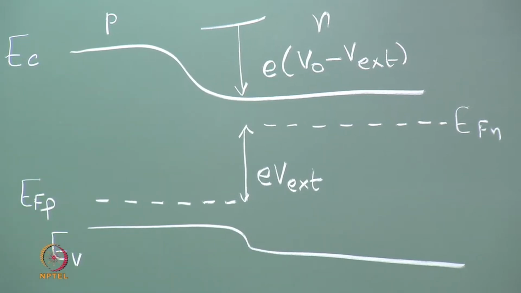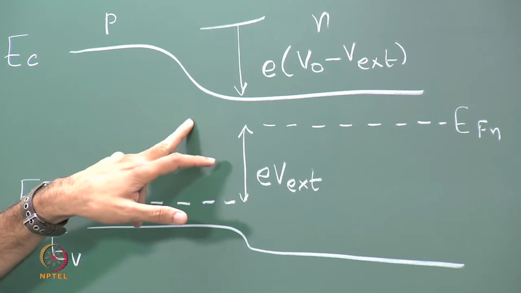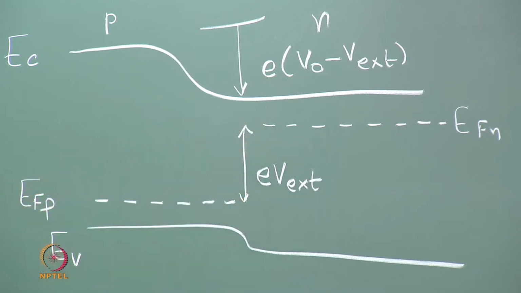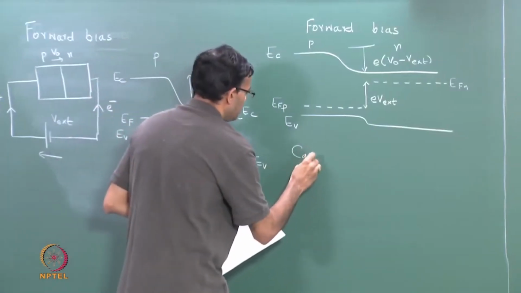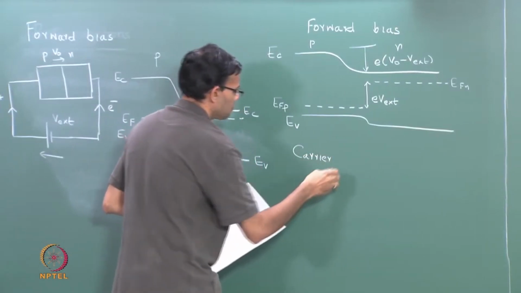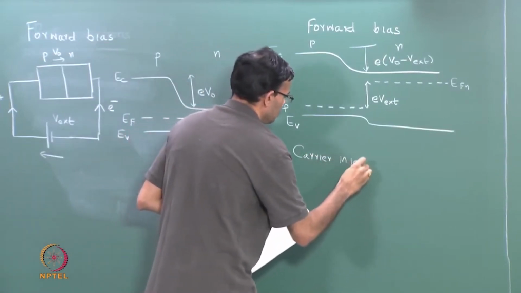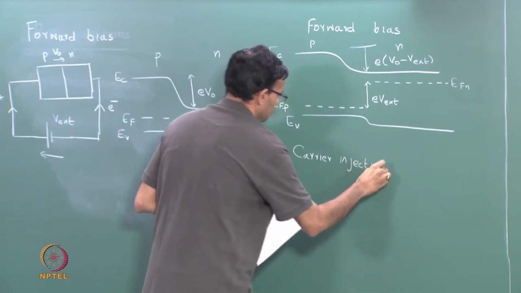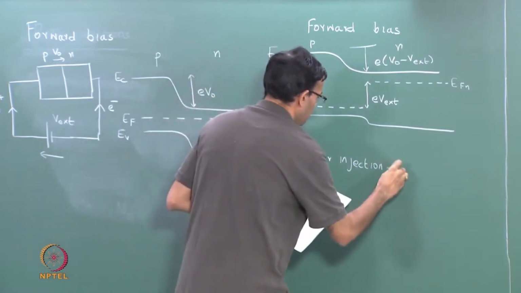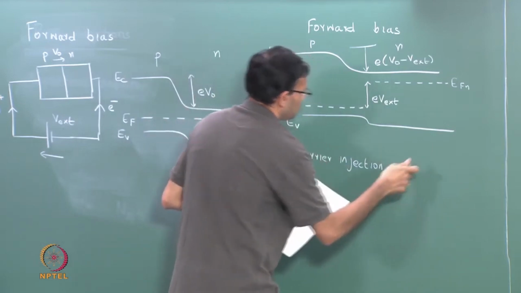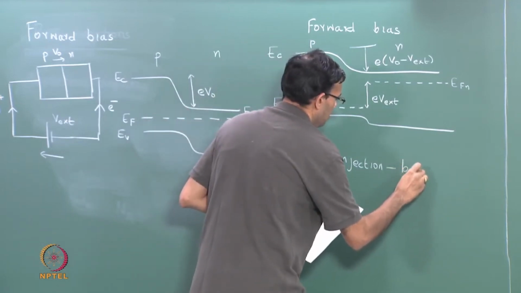So because your barrier is reduced, you now have an injection of carriers. So you have electrons injecting from the N to the P and holes from the P to the N. So we have carrier injection because the barrier is lowered.